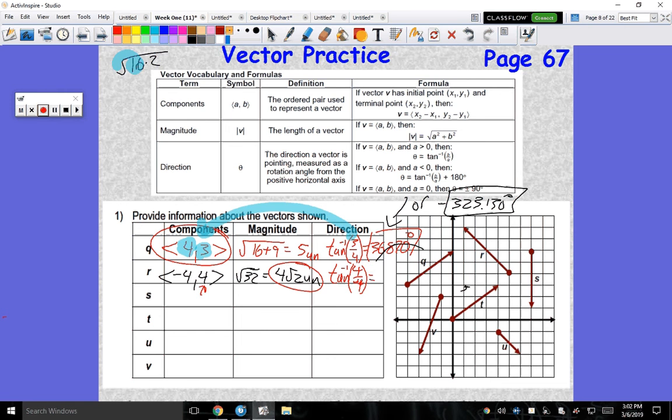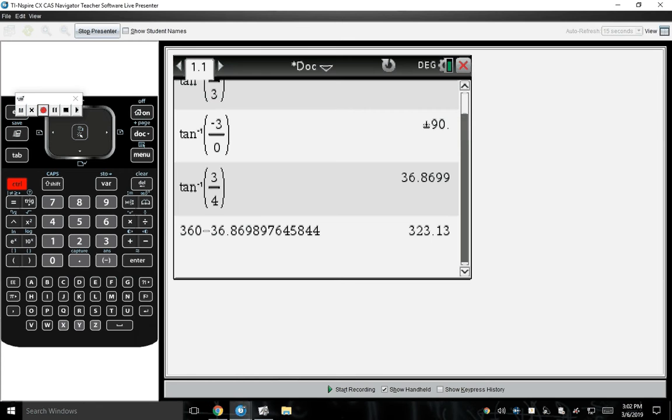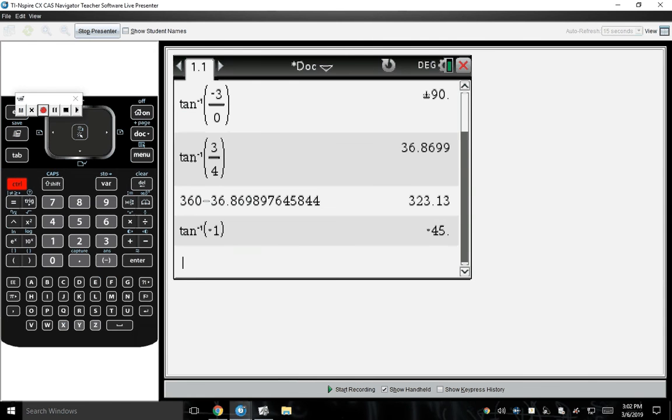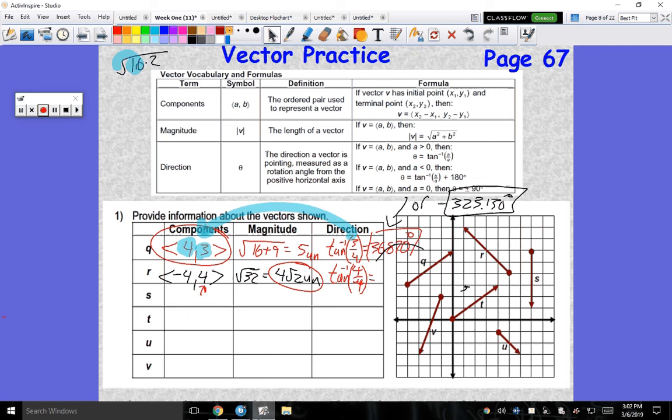And if I go to my calculator and I do the arctangent of negative 1, this is where it gets a little interesting. The arctangent of negative 1 is going to give me a negative 45 degrees. Negative 45 degrees is what the calculator tells me.